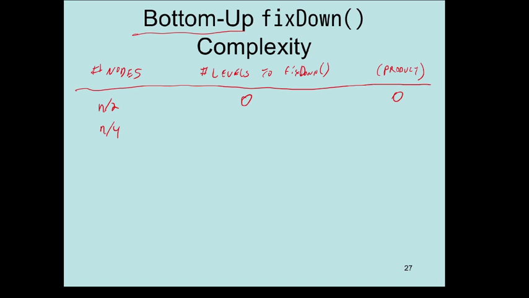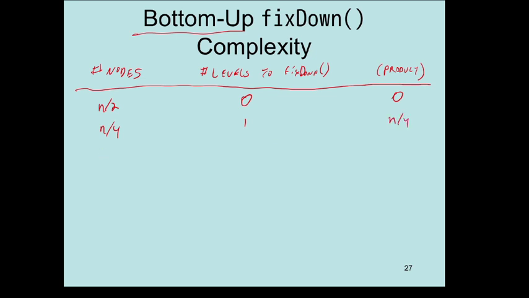So of the number of nodes in the tree, half of them are leaves. A quarter of those nodes are just above the leaves. How many levels do we have to fix down? 1 level before I reach a leaf node, and leaf nodes don't need fixing. So I only have to fix down 1 level. That's n over 4 work.